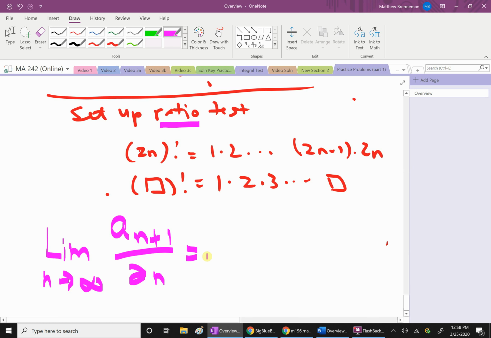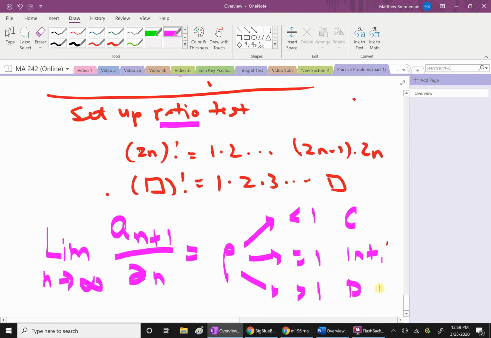And one of the cool things about the ratio and root tests, which I always loved as a student, is that you make the decision the same way, even though you're evaluating different things. It's the same rule. If this is less than 1, it converges. If it's equal to 1, it's indeterminate. And if it's greater than 1, it diverges. So that's kind of nice.